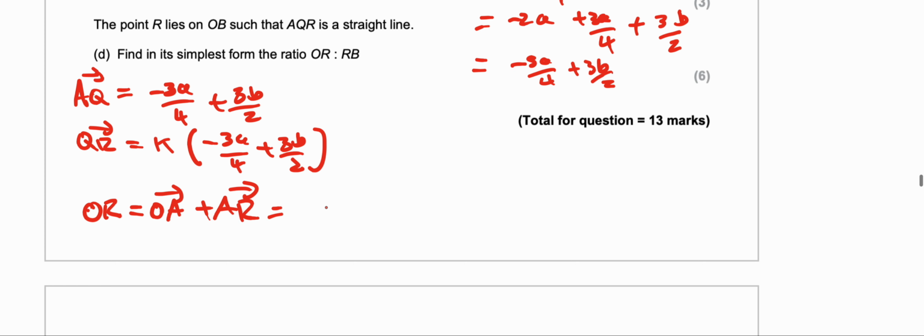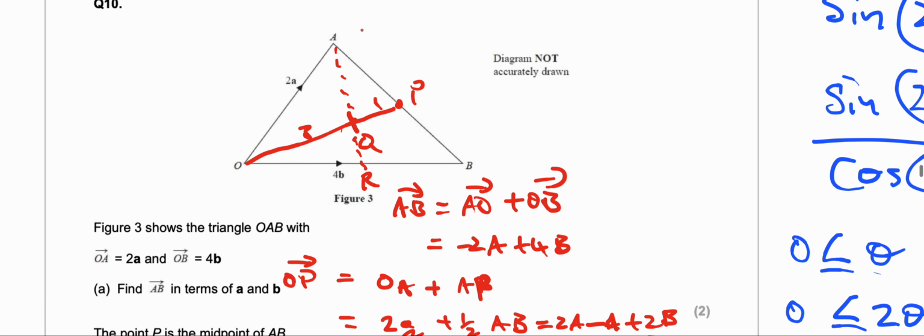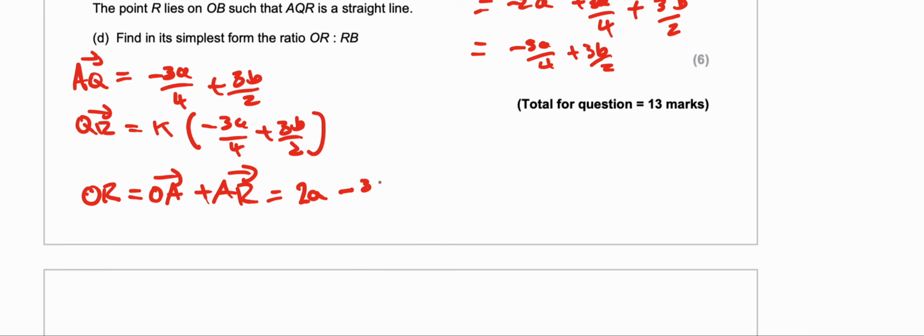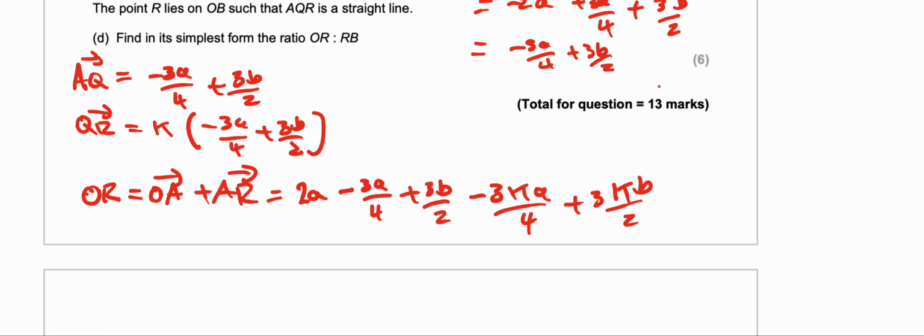And OA is 2a, and AR is just AQ plus QR, so add these two together. And that's going to be equal to some multiple of b.